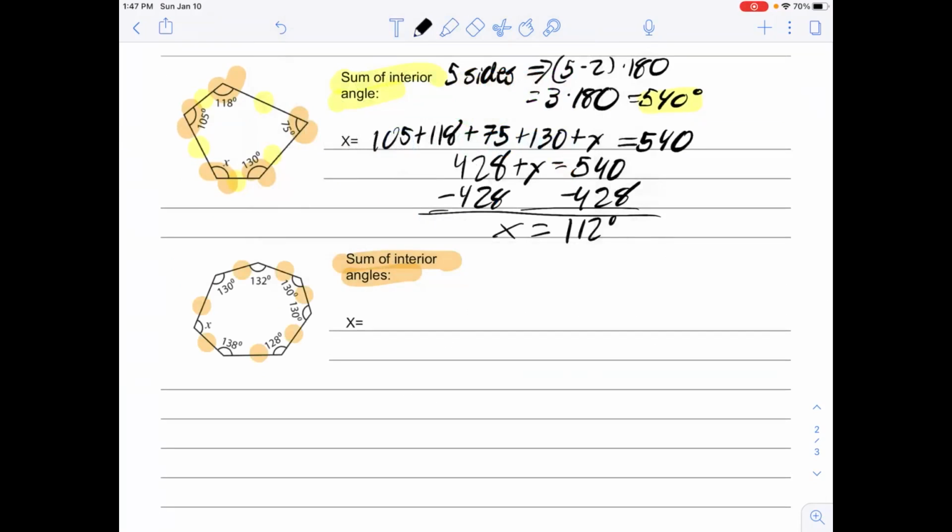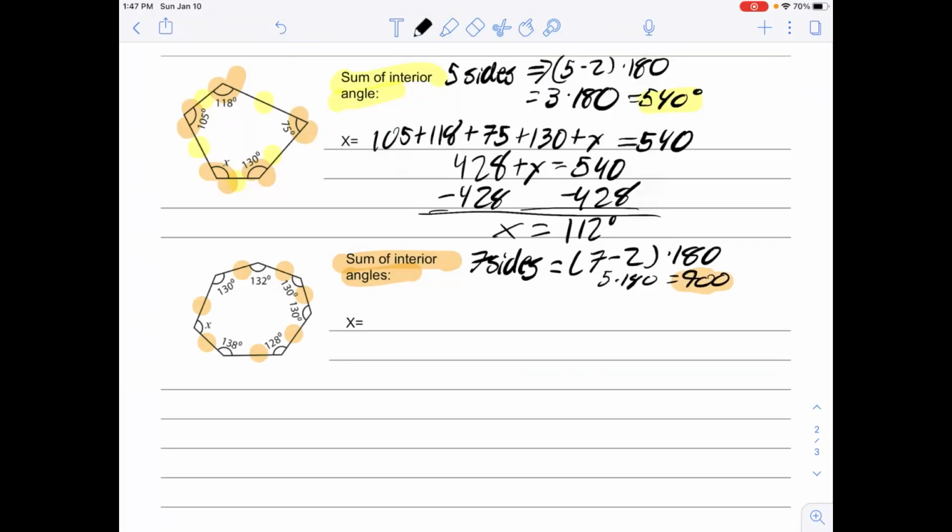This is a 7-sided figure. Now I can use the formula. 7 minus 2 times 180. That's 5 times 180, which is 900 degrees. That's my answer for the sum of the interior angles.